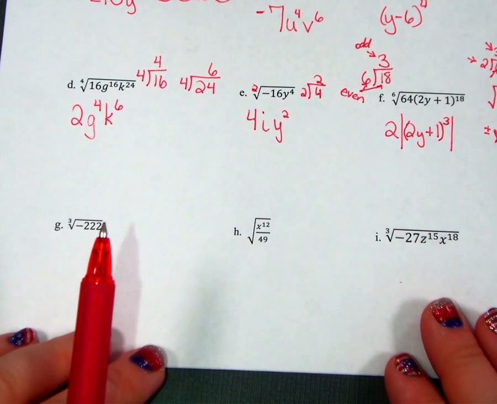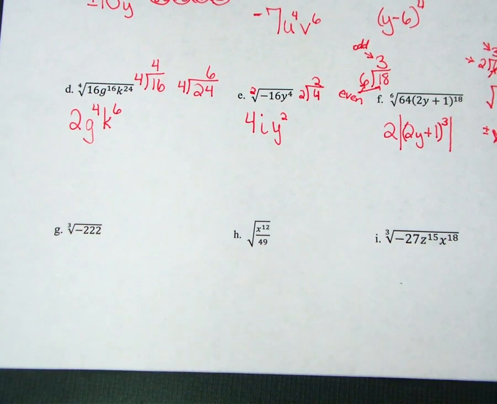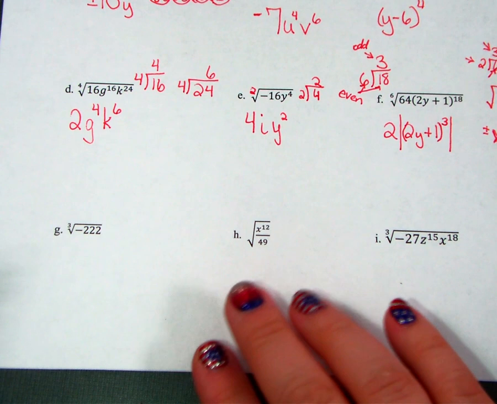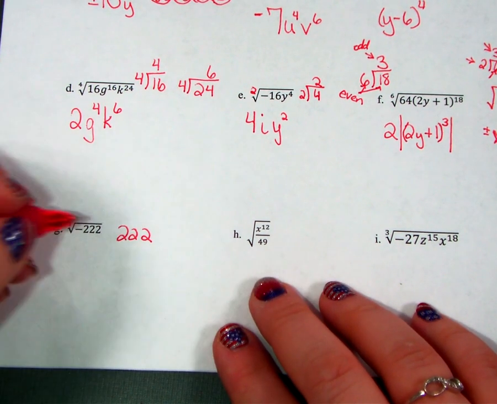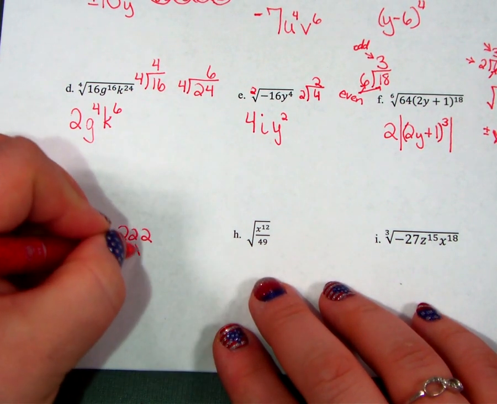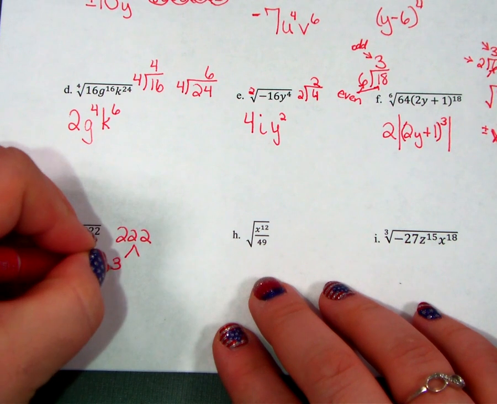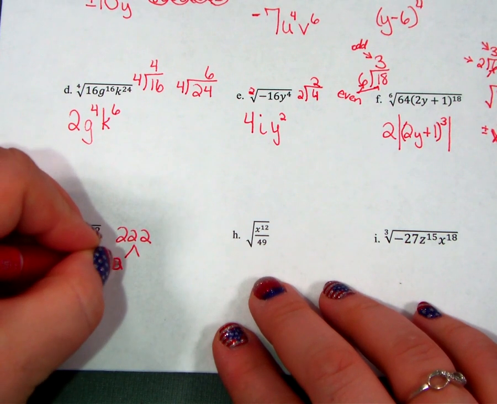Okay, let's move on down here and look at G. When you go to type in the cubed root of this, it doesn't come out evenly. So when something doesn't come out evenly when you type it into your calculator, you cannot write the decimal. You need to work this out with a factor tree. 222 divided by, we'll do 2 first.